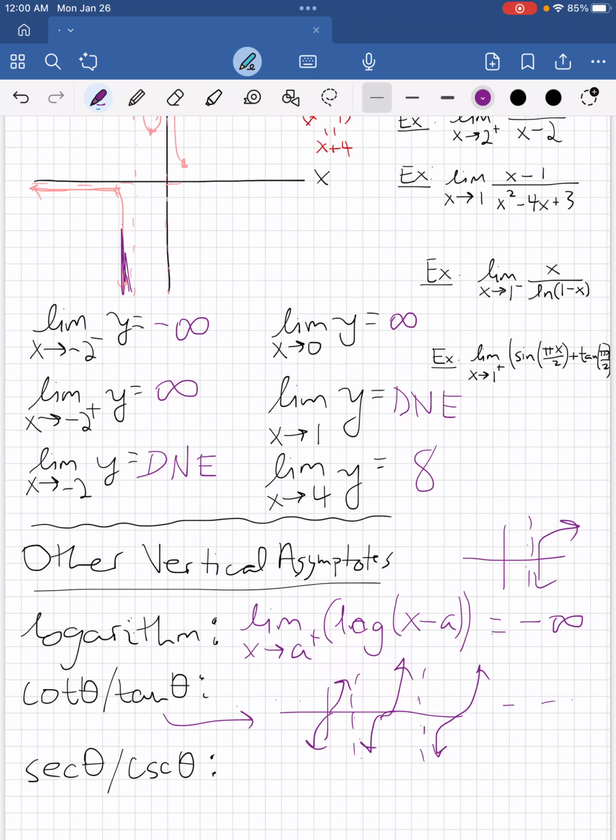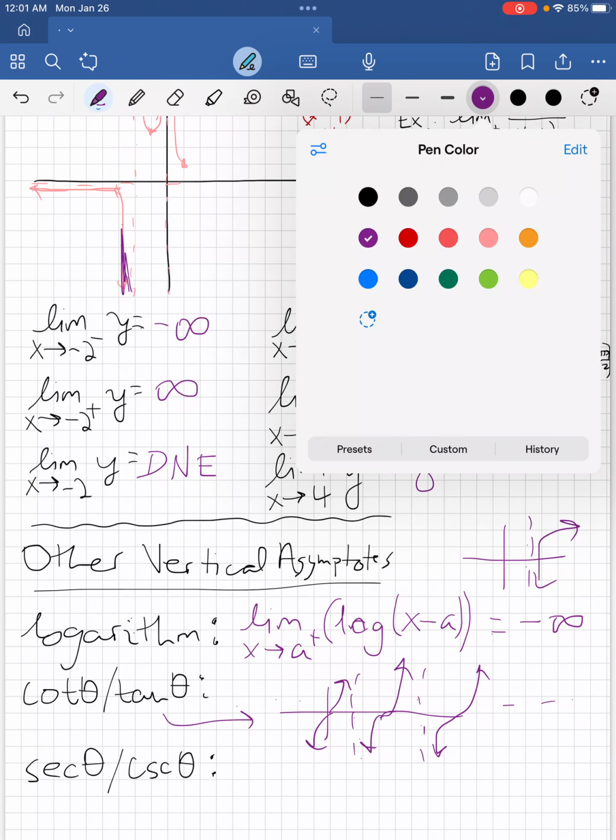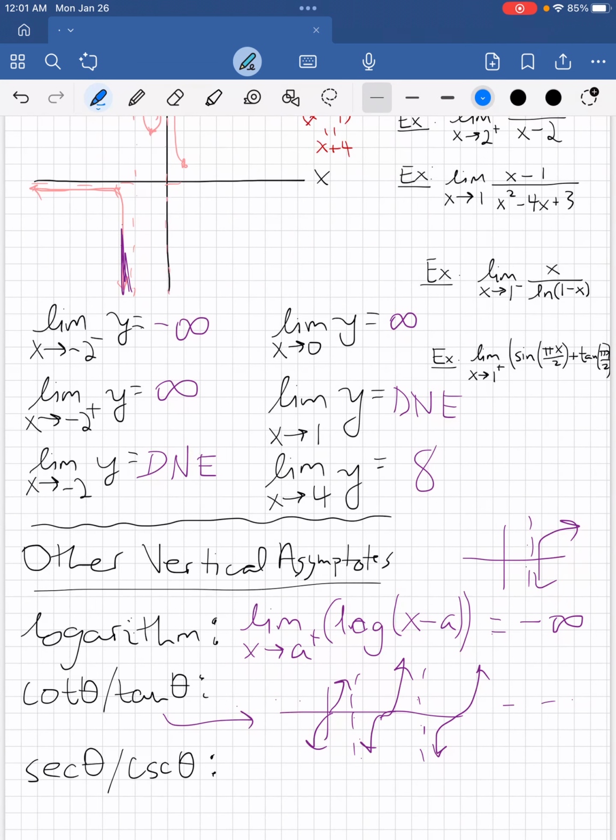And that's a property with tangent graphs that we should be aware of. We actually see a very similar thing with secant graphs. Actually, we see the exact same thing with secant graphs. With cotangent, though, and cosecant, there's a different value that we have to be concerned about, and the behavior is a little different.